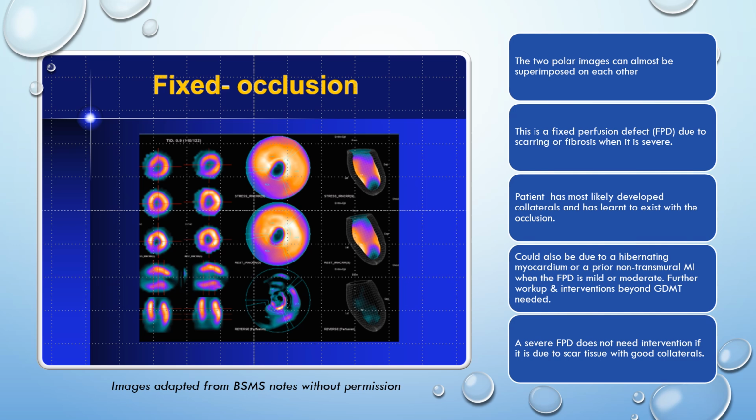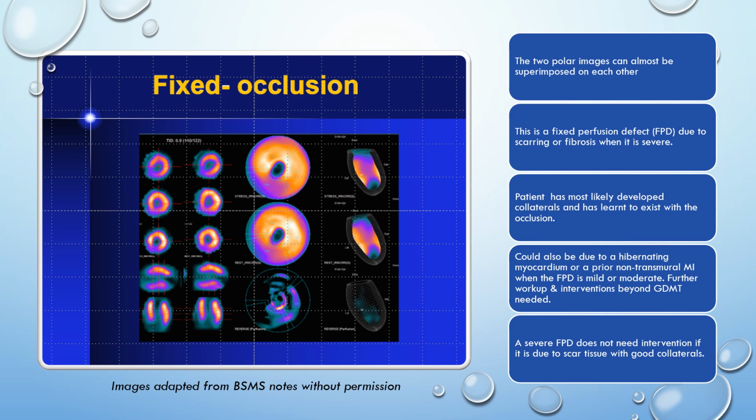And it's said to be due to scarring or fibrosis when it is severe. So the nuclear radiologist will quantify how severe it is. And if it is a severe defect, then it's due to scarring or fibrosis and does not need intervention. The reason it doesn't need intervention is because the patient has most likely developed collaterals and has learned to exist with his occlusion. So you really don't need to intervene here.